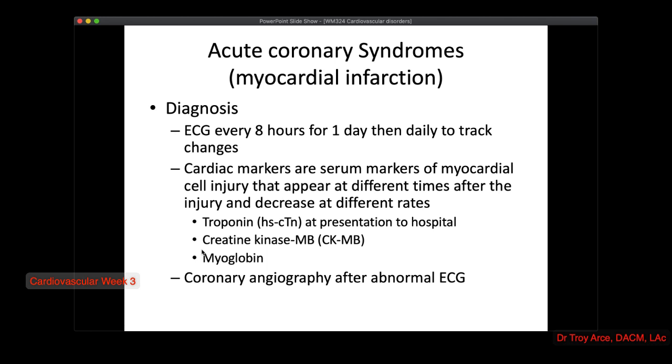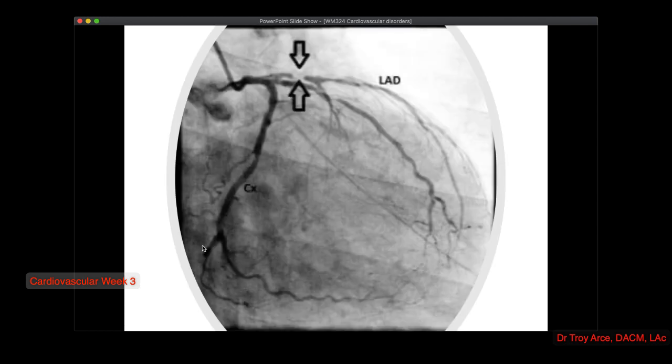So you're going to have the troponin, the creatine kinase, and the myoglobin. And coronary angiography after an abnormal ECG. Here is what some of that angiography looks like. They can pick up on disorders and occlusions, and they actually perform these procedures while doing this, so they can watch to see the effects and how they're making it work.